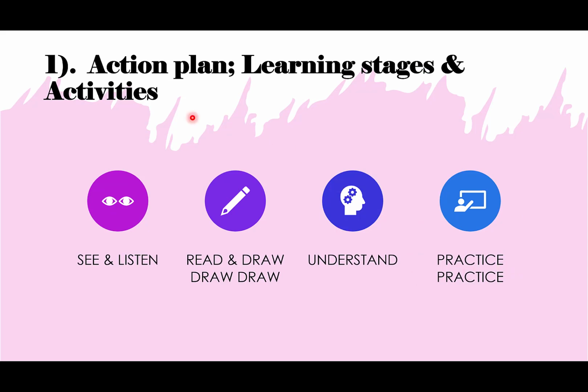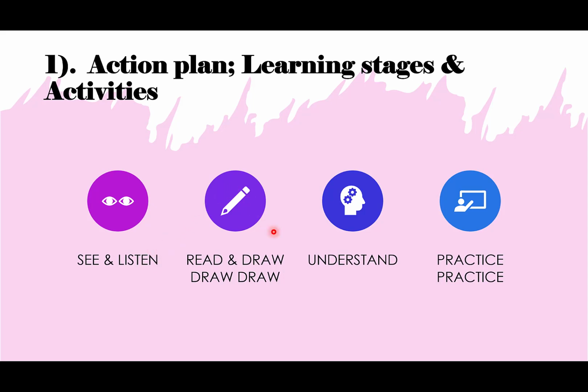Now, next one, still the action plan and learning stages. In the learning stages, it's really a simple thing in a way. First, you want to start with seeing and listening to things about the course, about the material. That's the important thing. I'll go into details. That's like listening to Khan Academy videos, watching videos, those kinds of things, right?